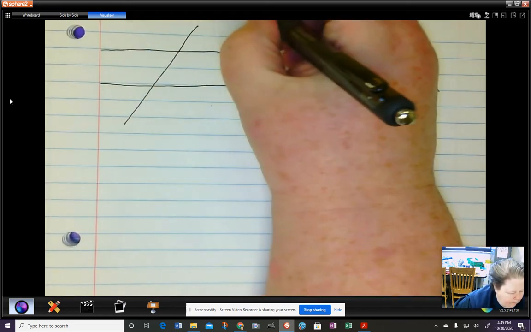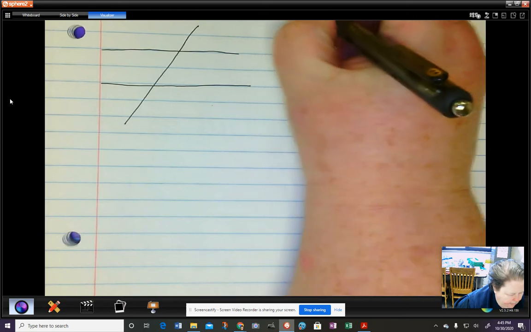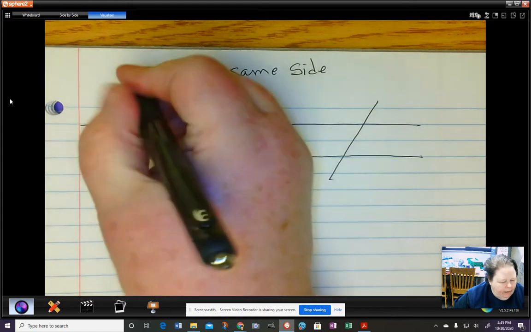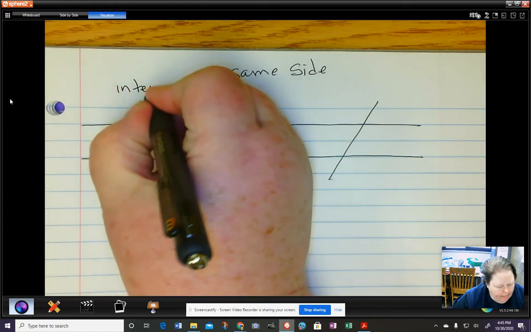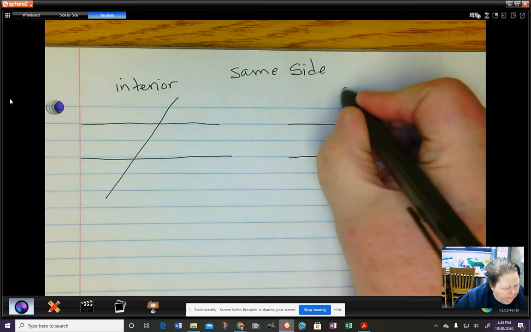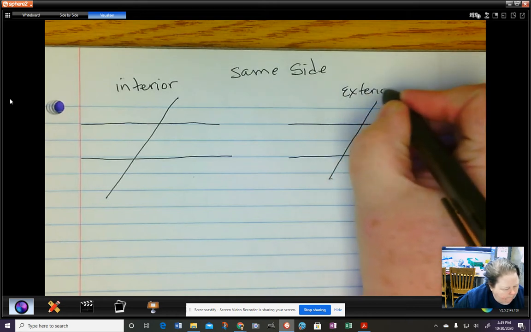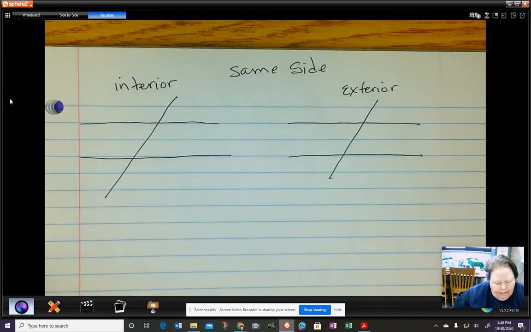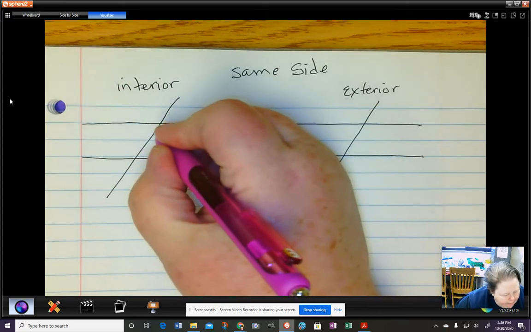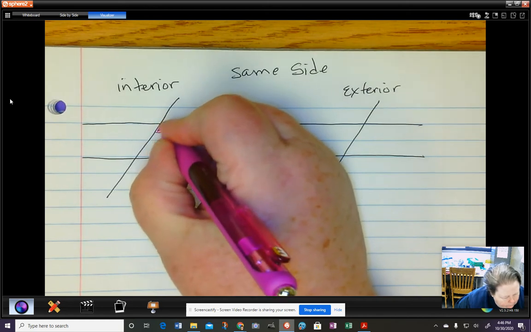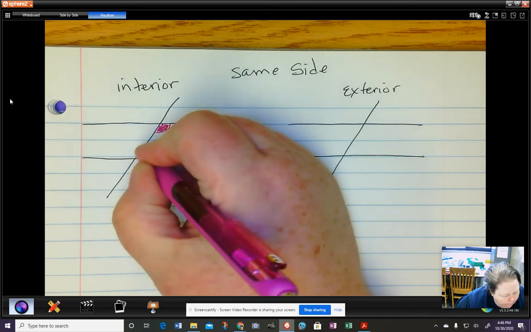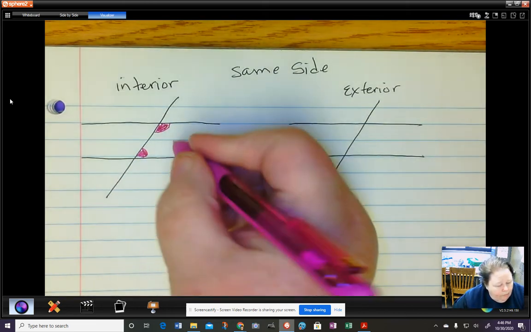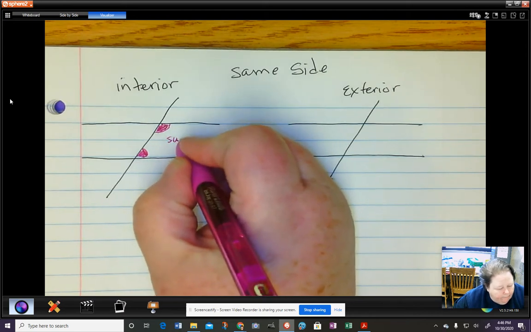Okay, so the interiors would be right here. I'm just going to color them in. I'm just going to give you one example. So these are supplementary.